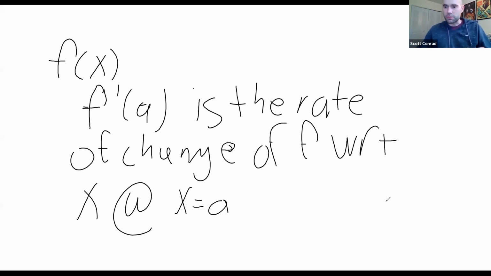Well, for functions of two variables, we now have two variables we're allowed to change by a little bit.